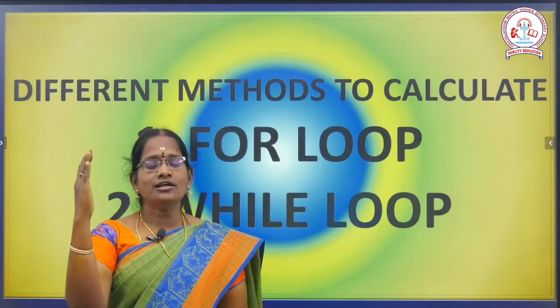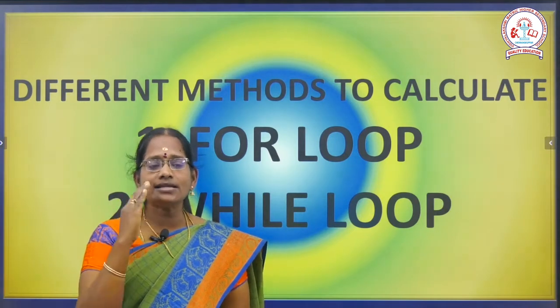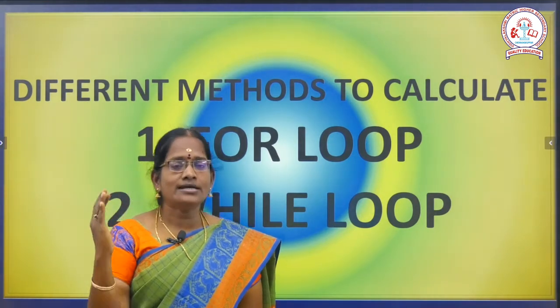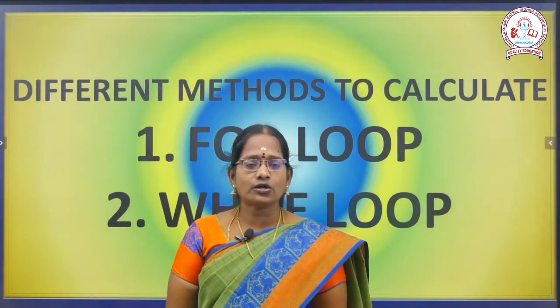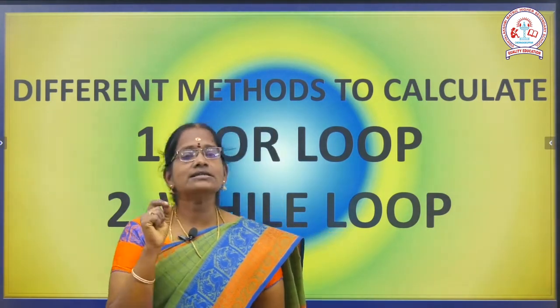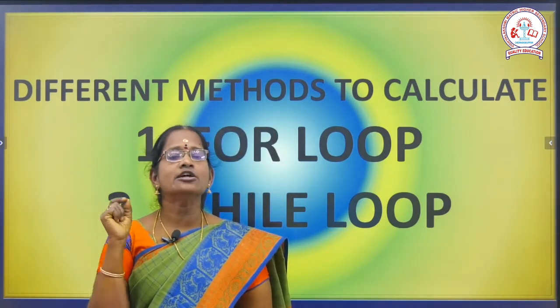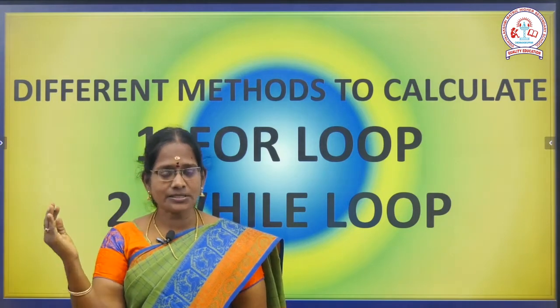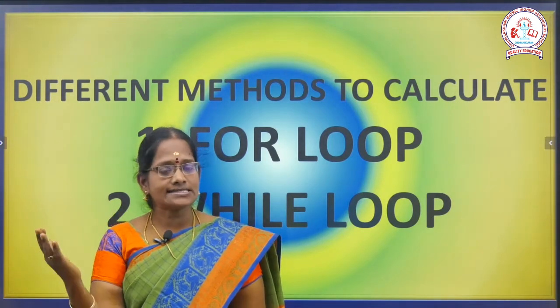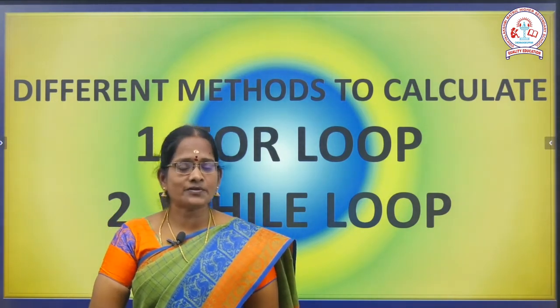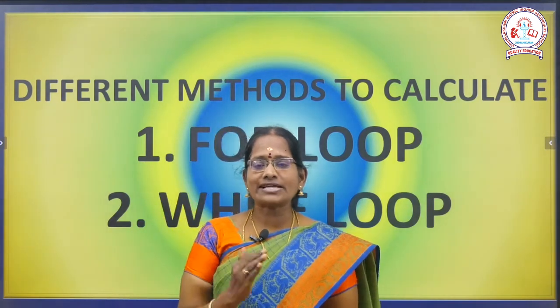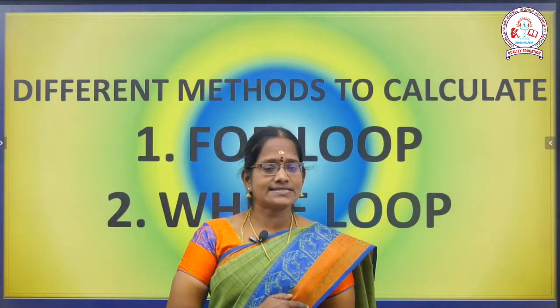First and second numbers give the third, second and third give the next number, third and fourth give the fifth number, fourth and fifth give the sixth number, and so on. This type of calculation is called the Fibonacci series.